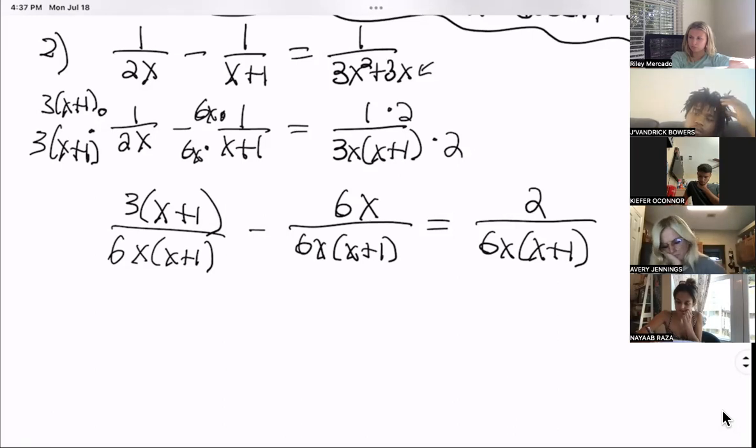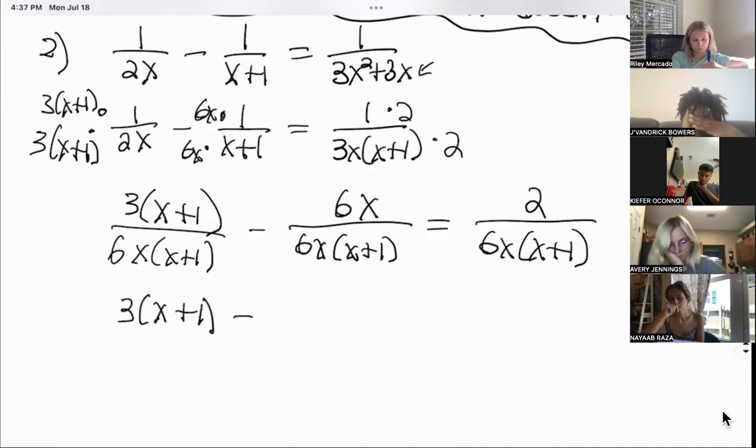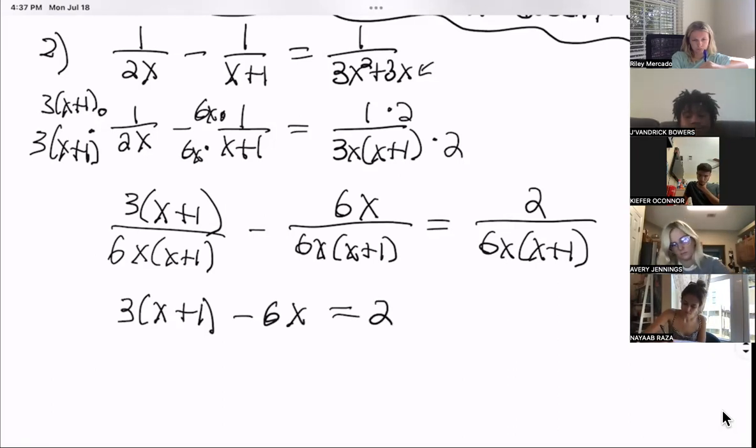Now that we have the same denominator, we can ignore it and go to writing our numerator down. And now we have a basic algebraic equation we can solve.